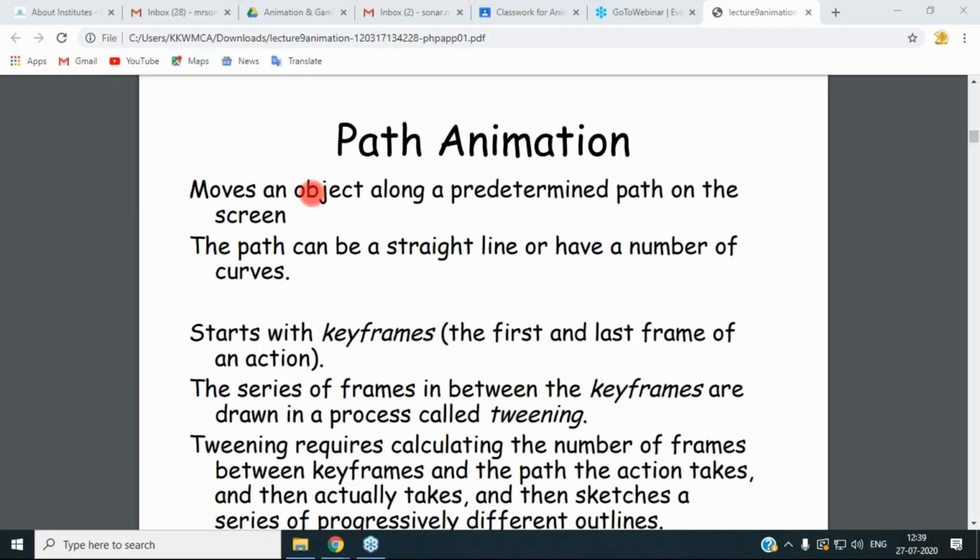So there will be one frame, suppose at this point, we'll call it the first frame, and there will be a last frame, suppose at this point. In between, whatever frames are required will be automatically drawn using the tweening process. Tweening is where we are trying to draw the in-between frames.